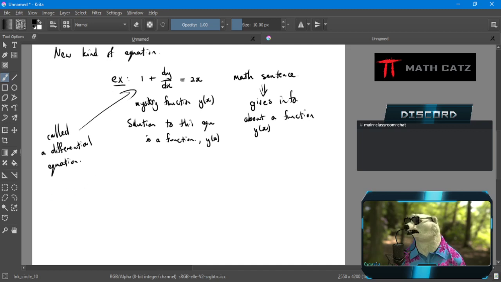The most important thing is to realize what a solution to this equation looks like. So if I take my 2x plus 1 equals 7 versus 1 plus dy dx equals 2x, those are both equations. One is, let's call it, a variable equation, a number equation, and the right one is a differential equation.